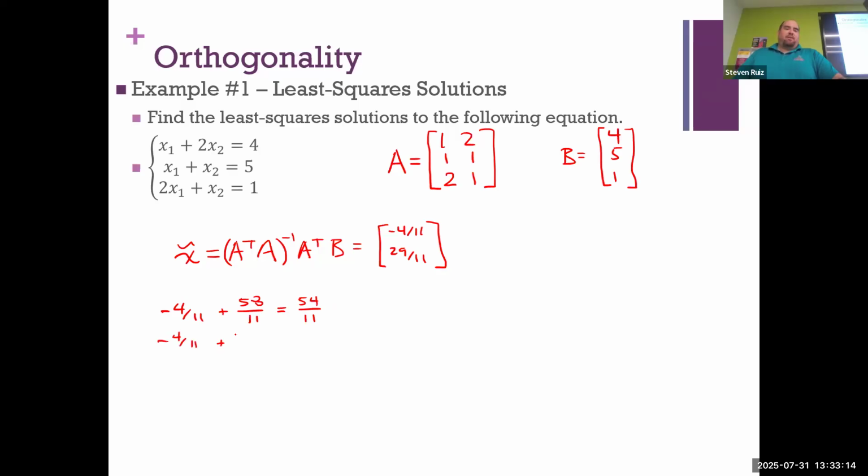Or negative 4 over 11 plus 29 over 11. That's 25 over 11, about 2.5. And then 2 times negative 4 over 11.